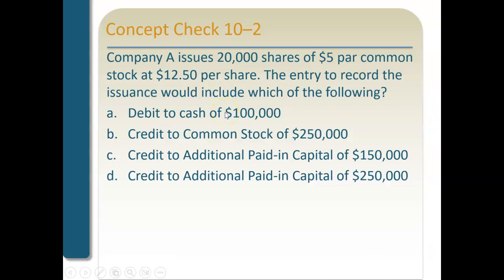So guys, if Company A issues 20,000 shares of $5 par common stock at $12.50 per share, the entry to record the issuance would include which of the following?